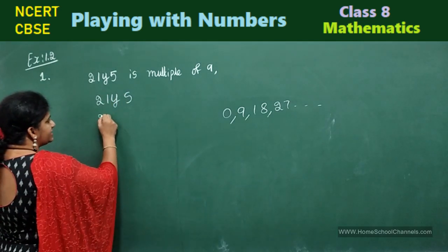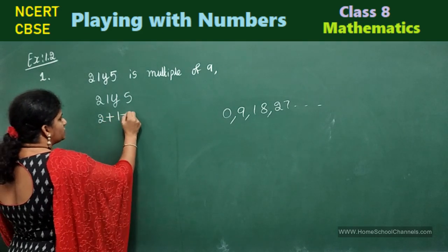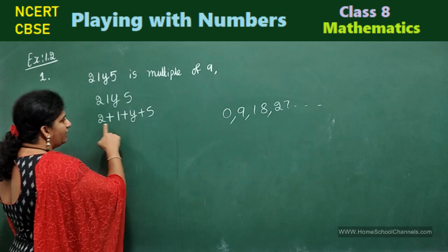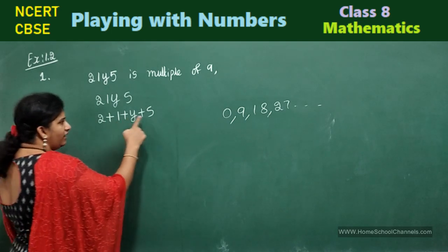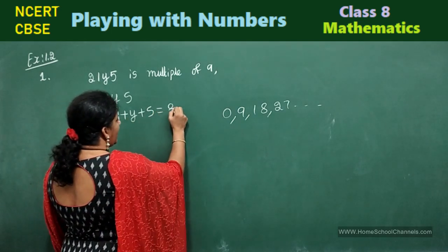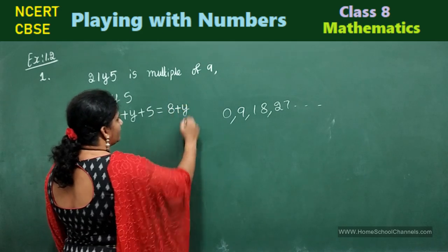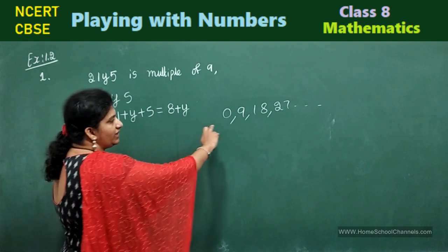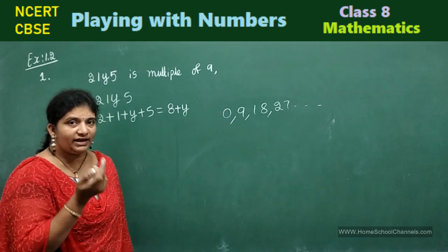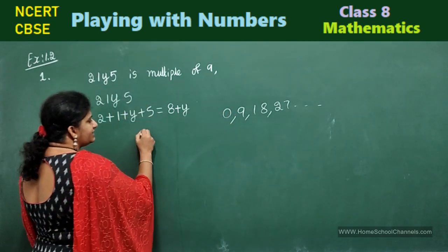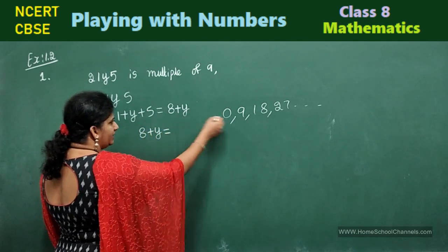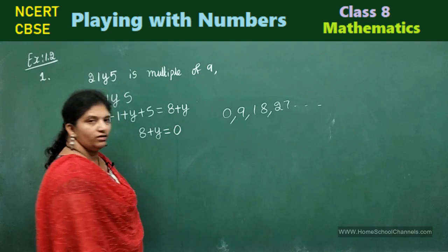Now sum the digits: 2 plus 1 plus y plus 5. How much will it be? Add the numbers. 2 plus 1 is 3, 3 plus 5 will be 8 plus y. Now this 8 plus y, go on equating with these numbers and you can get the y value. Let us start equating the total with 0.